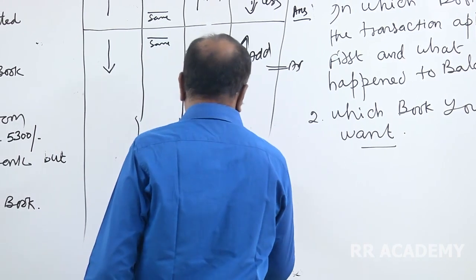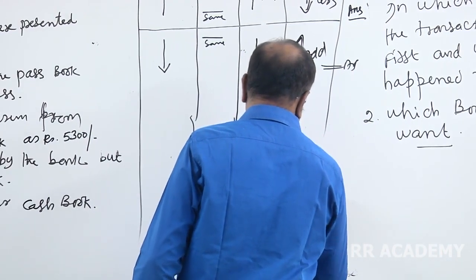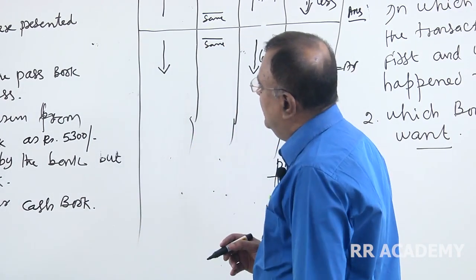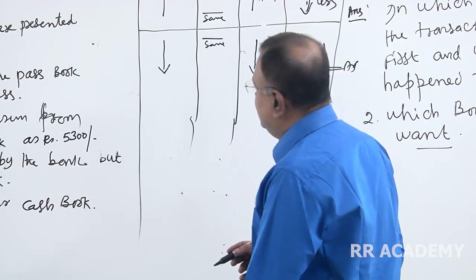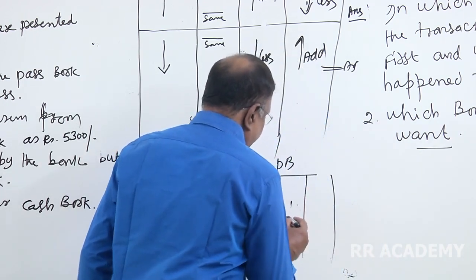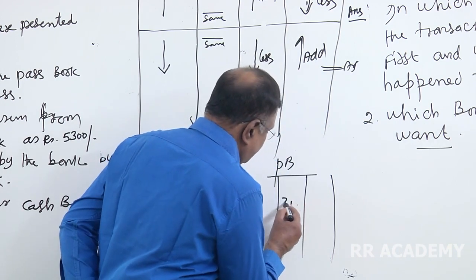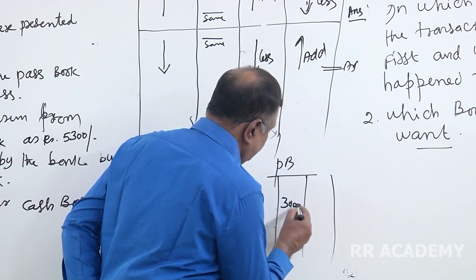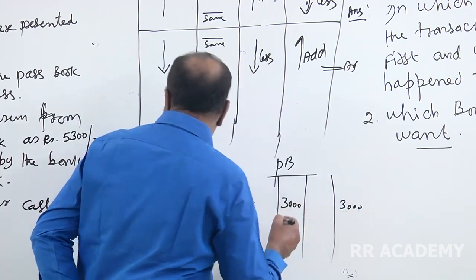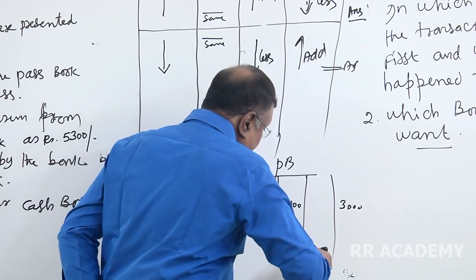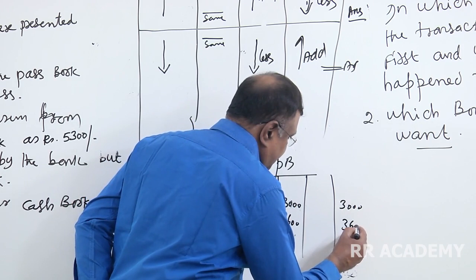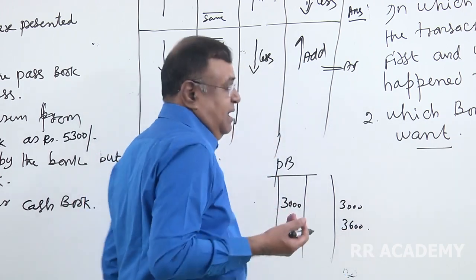Withdrawal column of the passbook was added 600 less. That means actually 3,000 was to be added. They have written 600 more, so 3,600 has come. Extra.